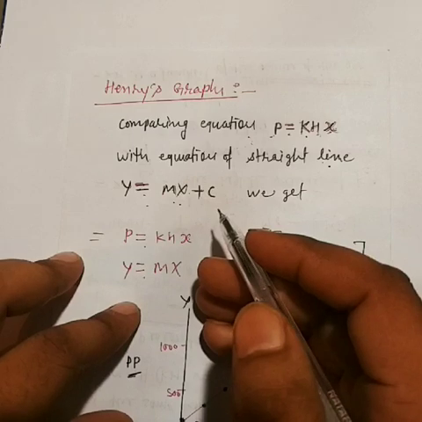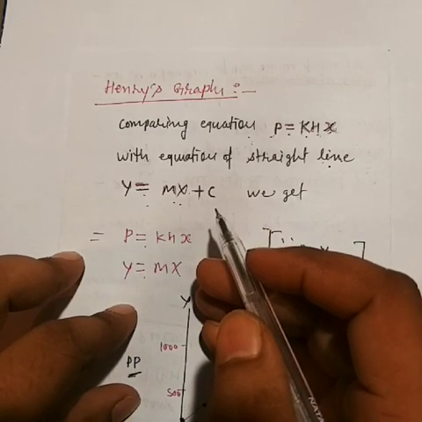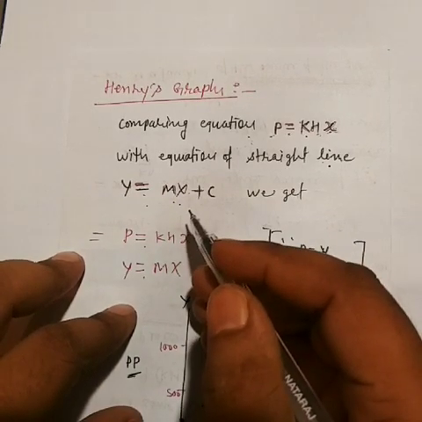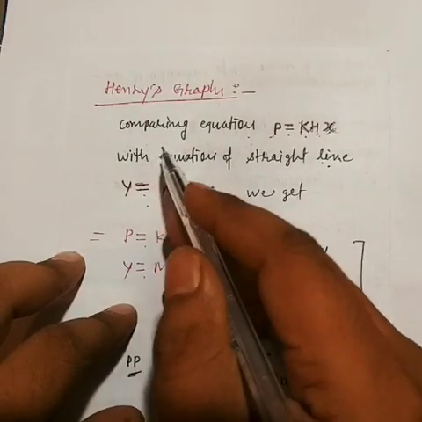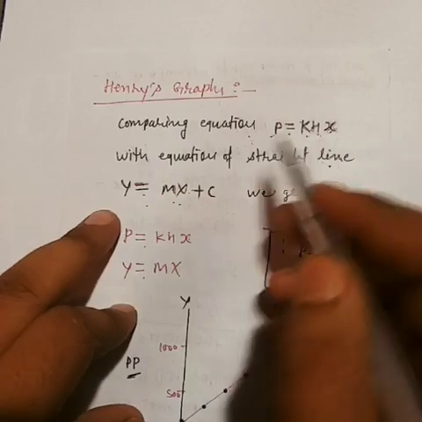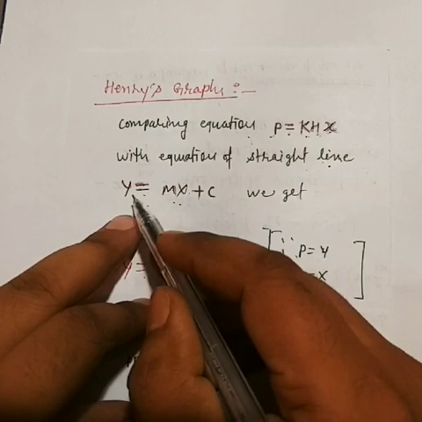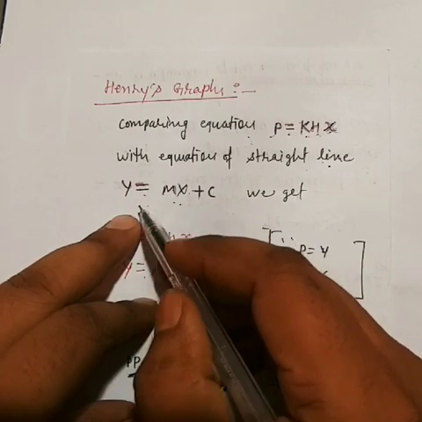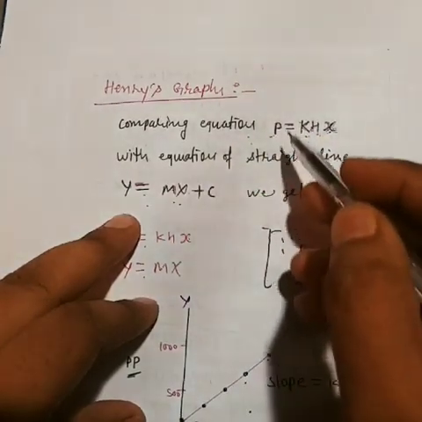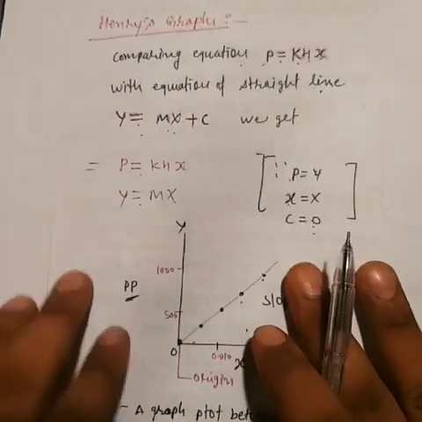Here is the graph. Now let's see how we determine the Henry's law constant. We compare the equation P equals Kh x with the equation of a straight line, y equals mx plus c. Now see, why are we comparing with a straight line?